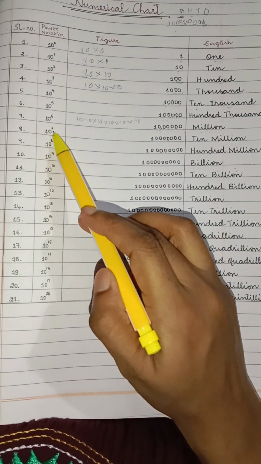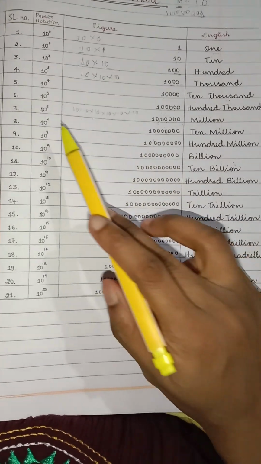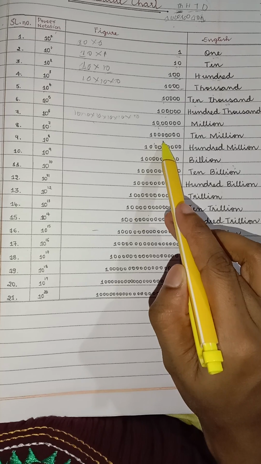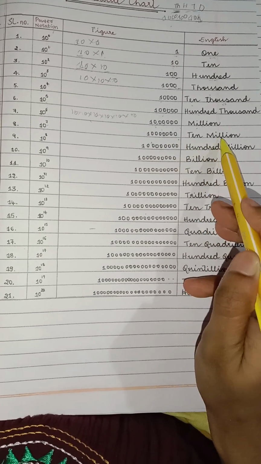Next, 10 to the power of 7. When we multiply 10 7 times, we will get 10 million.